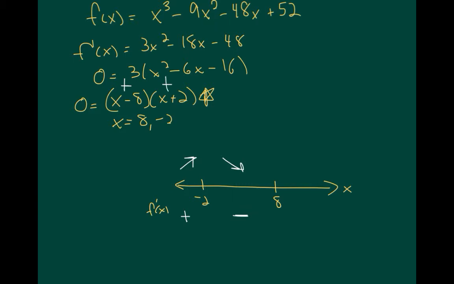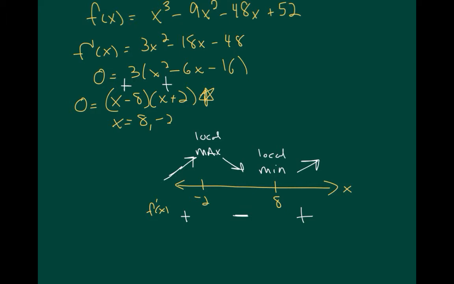Positive times a positive is positive, and so my function is increasing there. That means that I have a maximum here at negative 2 and a minimum at 8. Since this is a cubic and it is increasing to infinity and decreasing from infinity, it's likely that this is only a local maximum and a local minimum.